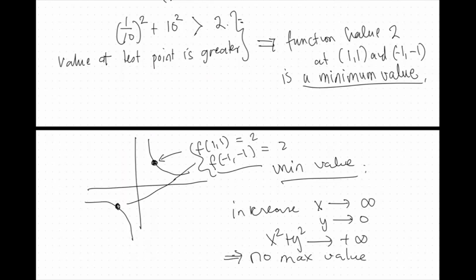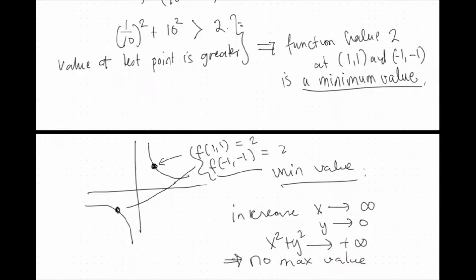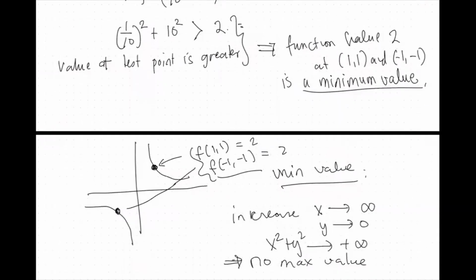That's what I'm trying to point out: if you have a non-bounded constraint, you are not guaranteed the existence of both the minimum and the maximum value.